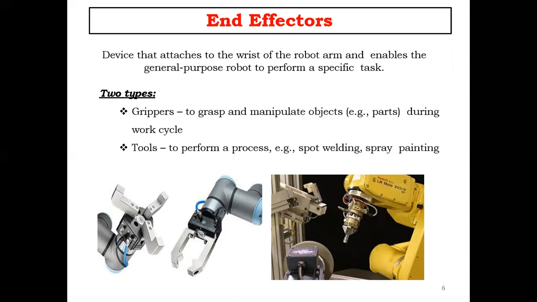A gripper is used to grasp and manipulate objects, for example parts during the work cycle. Tools are used to perform a process, for example spot welding or spray painting. These are the two types of end effectors.